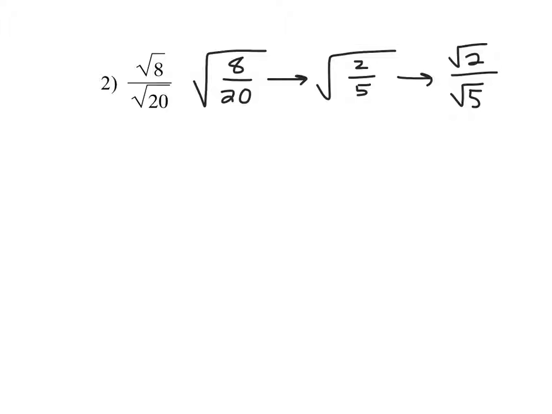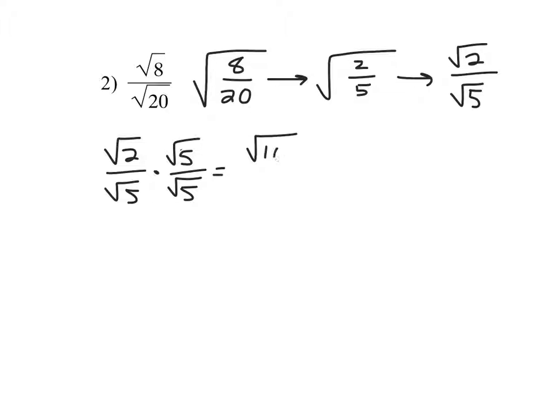Now that I've separated them, I'm going to multiply top and bottom by the square root of the denominator, not the square root of the numerator. So square root of 5 and square root of 5. The square root of 5 times the square root of 2 is the square root of 10. On the bottom, I get the square root of 5 to the second power because there's two 5s.